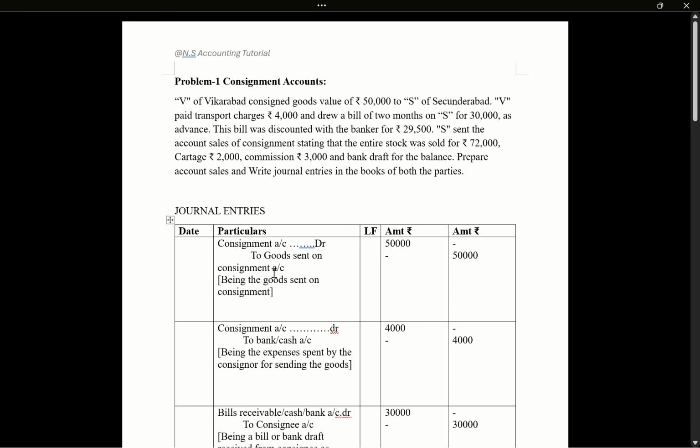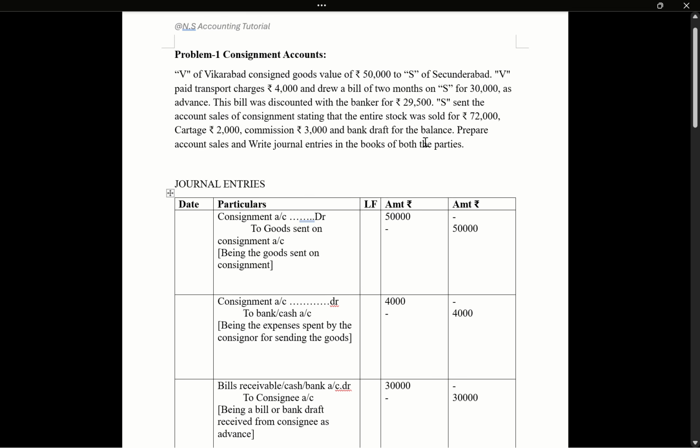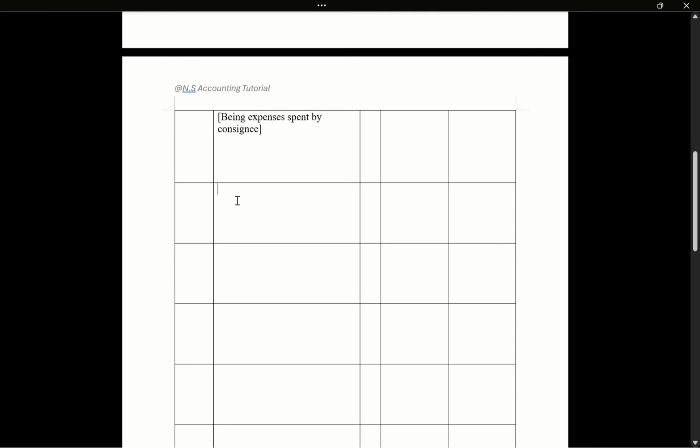Next we have sales made by the consignee. He made the entire stock sales for rupees 72,000. The entry will be consignee account debit to consignment account.